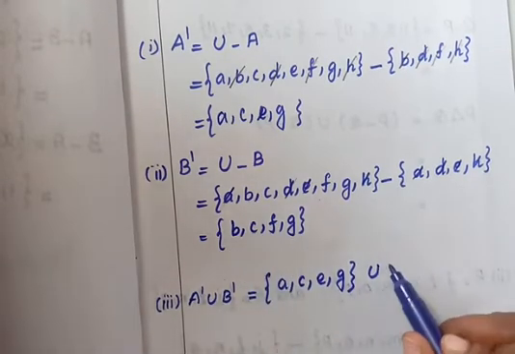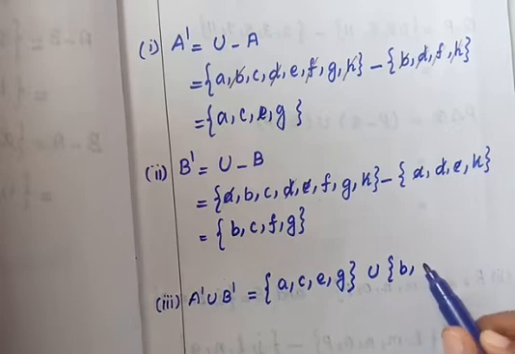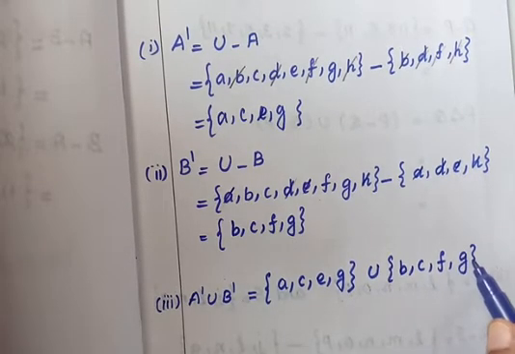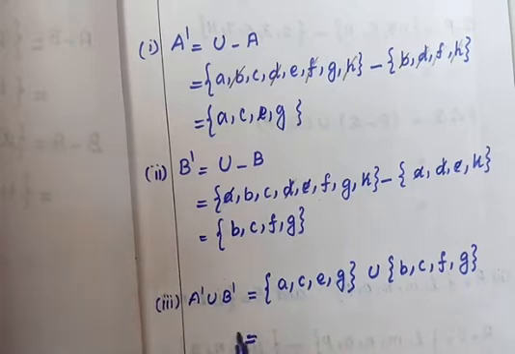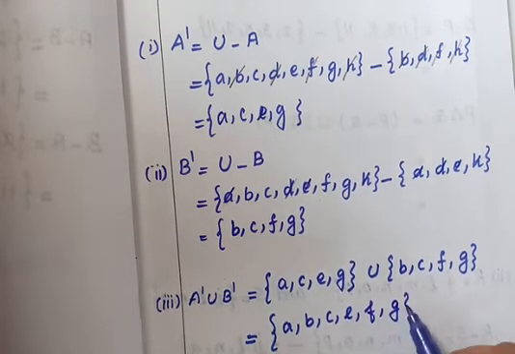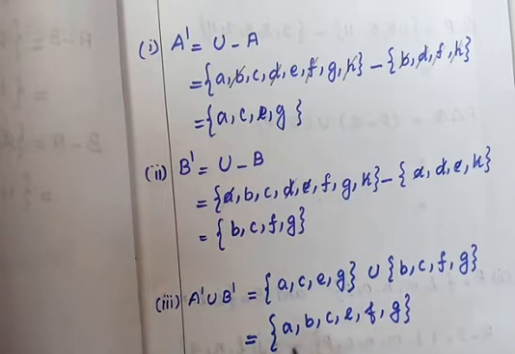B dash means B, C, F, G. Now you have to find the union of these two sets. What are the elements? A, B, C, E, F, then G. These are the A dash union B dash elements.